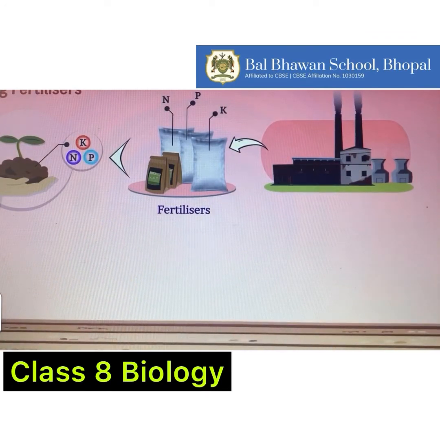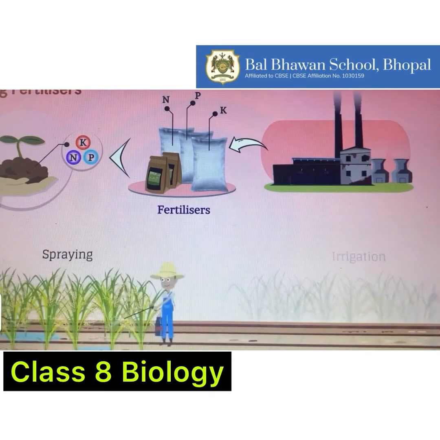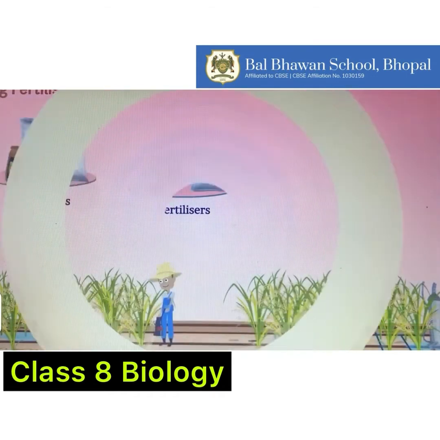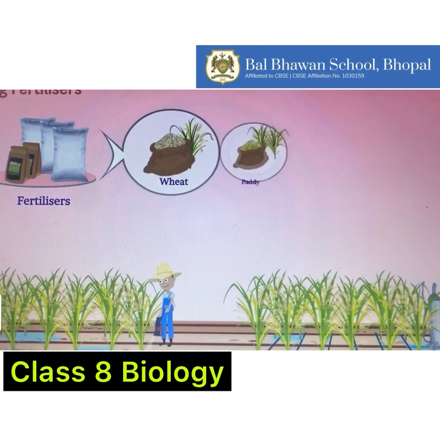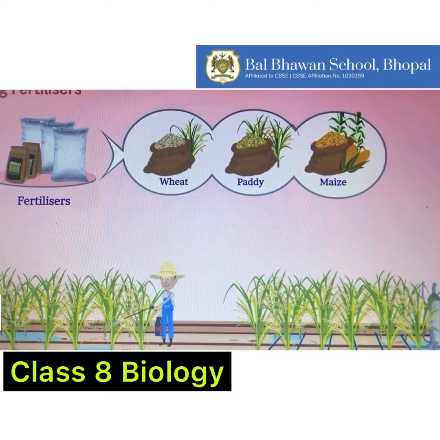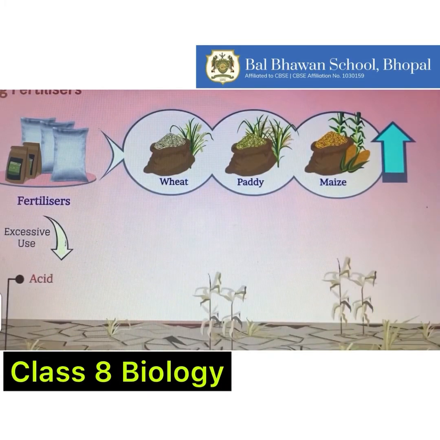Fertilizers are provided to plants by spraying or through irrigation. Using fertilizers in the production of wheat, paddy and maize, the production significantly improves. However, due to excessive use of fertilizers, the soil becomes acidic or alkaline.